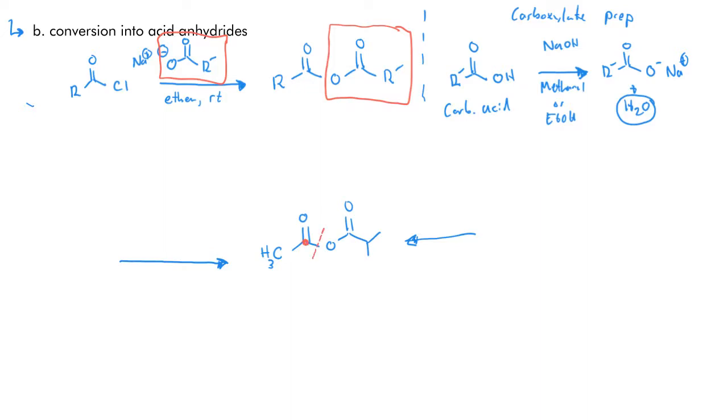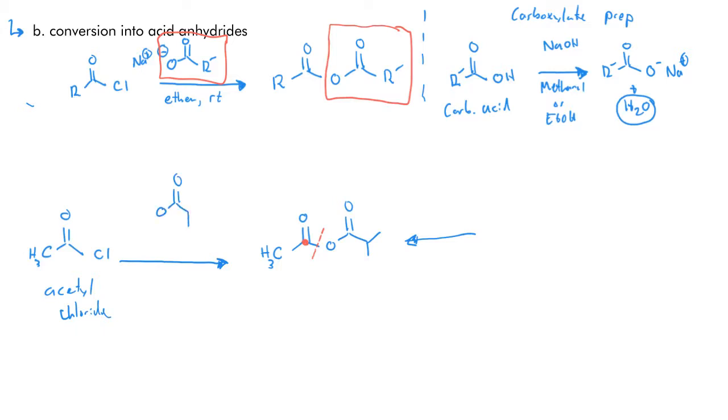So I'd be disconnecting this bond between the oxygen and the acyl carbonyl carbon. If I did that, I would use the acetyl chloride, or the CH3 carbonyl chloride. That's called acetyl chloride. And then my carboxylate salt would be this part.